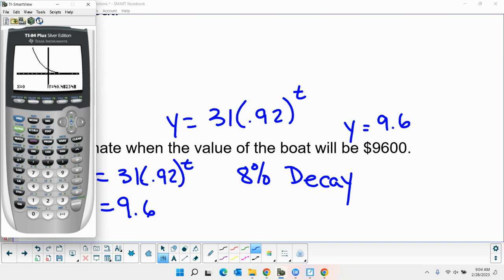So I hit zoom 0, and I couldn't see where the two met. So I hit zoom out after that. And now I'm going to hit second trace, number 5, and just hit enter 3 times. So 14 years. Is that what you guys got?